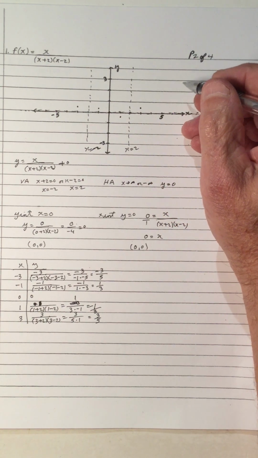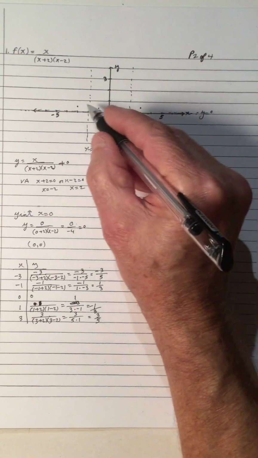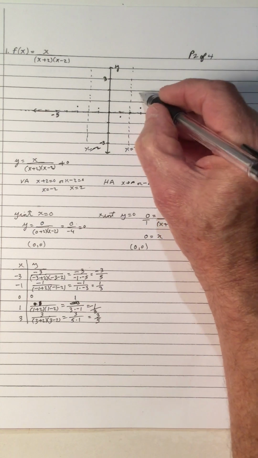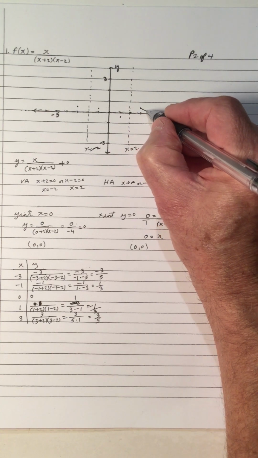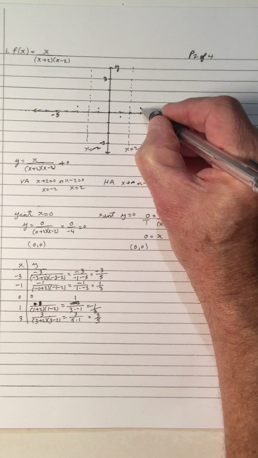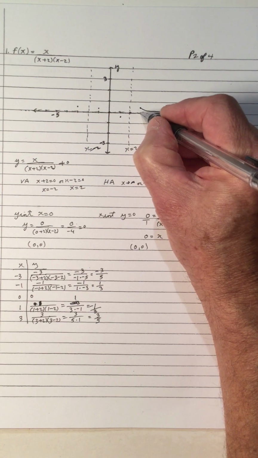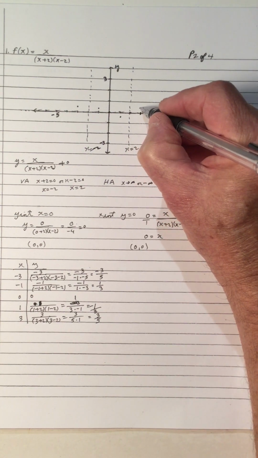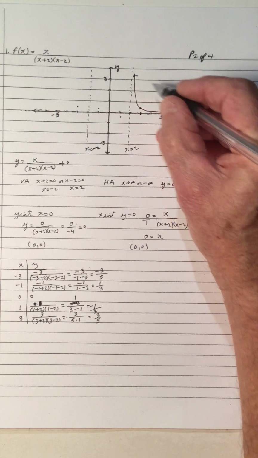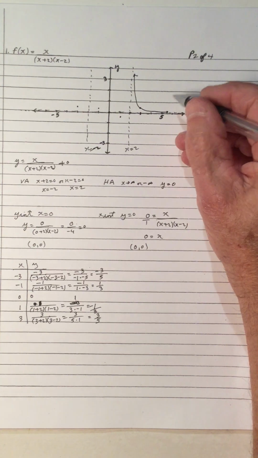So how does this graph go? Well, as it goes to infinity, y goes to 0. At 3 I get this point, so I know it's going to go towards that vertical asymptote, like that.